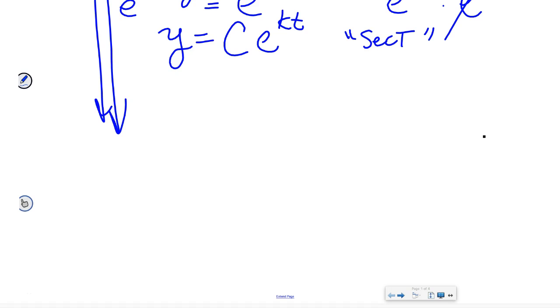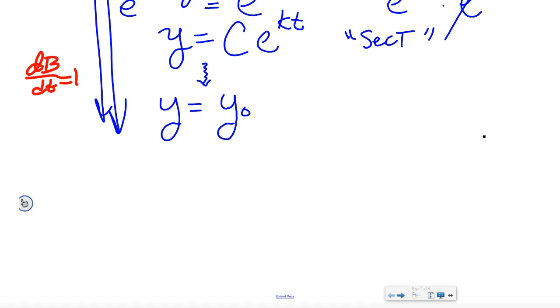However, the C is always going to be the same thing in this scenario, so I would advise, and this is going to be one of the quiz questions, I would advise that you remove it. Think of sect like C e to the KT, but what it's always going to end up being is the amount present at time 0. So whatever that is, again, the bacteria example, if it was dB dt and it equaled Kb, I would have solved that whole thing and I would have had B equals C e to the KT.